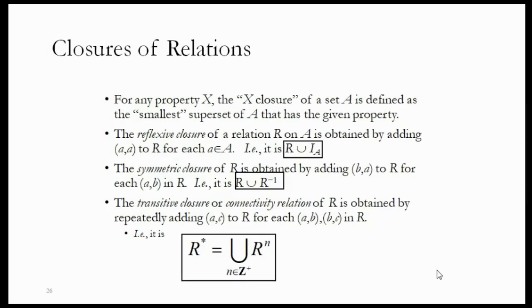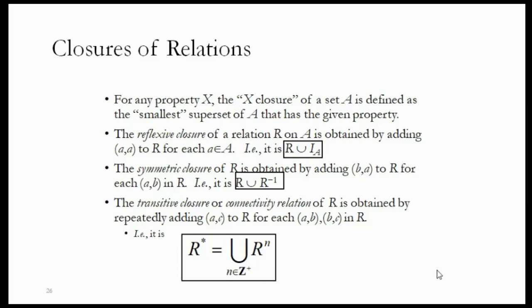The closure of a relation for any property X: the X closure of a set A is defined as the smallest superset of A that has the given property. For the reflexive property, the closure of a relation R on A is obtained by adding (a, a) to R for each small a belonging to capital A. That is, you make a union with the same thing so that you get the self loop.